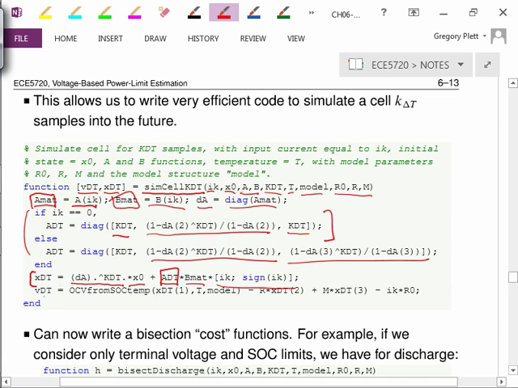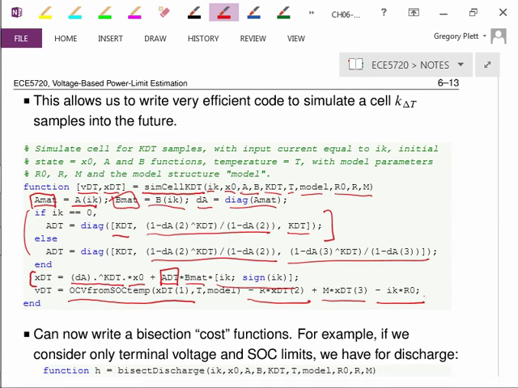And so that's the future state. The future voltage is OCV minus diffusion voltages plus hysteresis voltages minus the IR terms. So this works if I'm charging or discharging, doesn't matter. It simulates the cell the kdt samples into the future with a constant current of Ik.